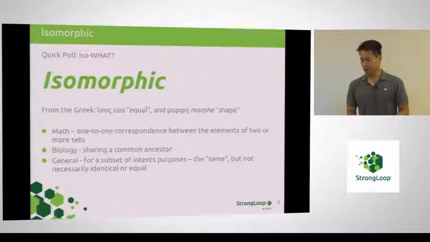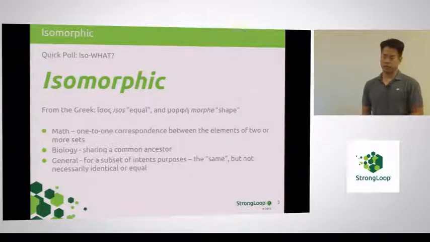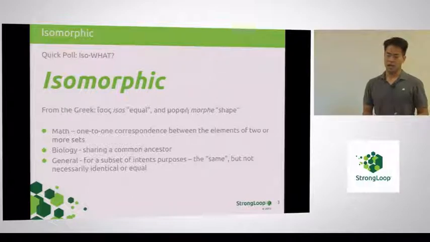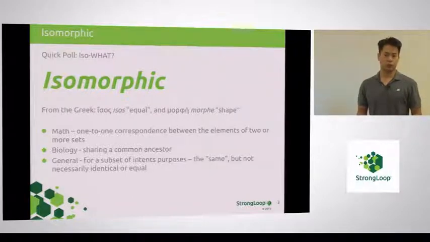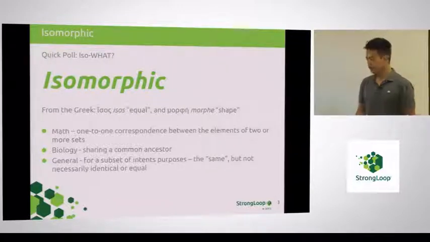The way I like to characterize it is, for all intents and purposes, or a subset of those intents and purposes, it's the same, but not necessarily equal or identical. So it'll serve the same purpose. An example of this is Roman numerals versus Arabic numerals. Same thing, just represented differently.